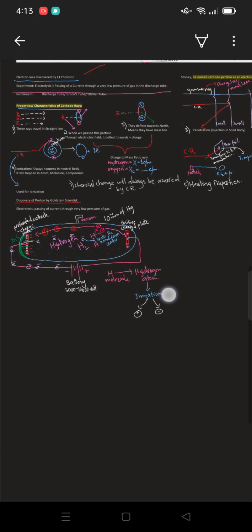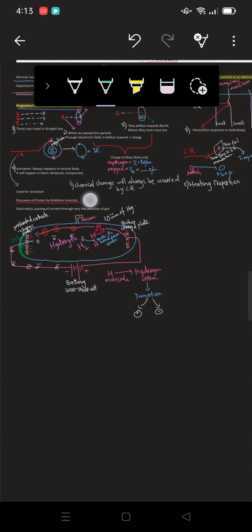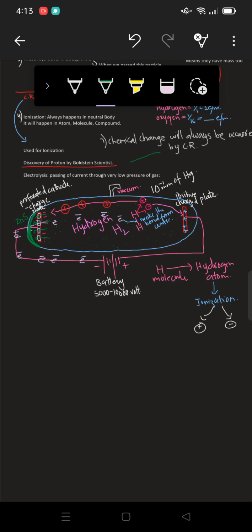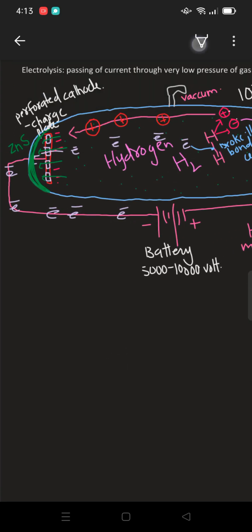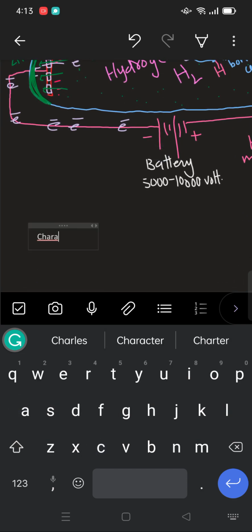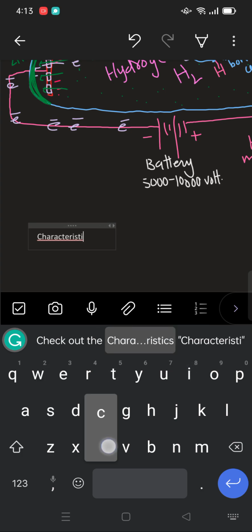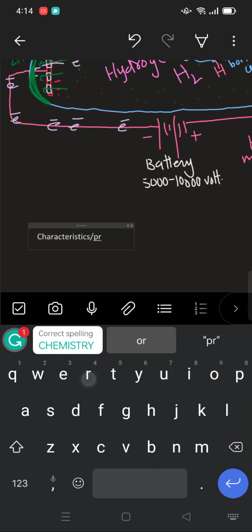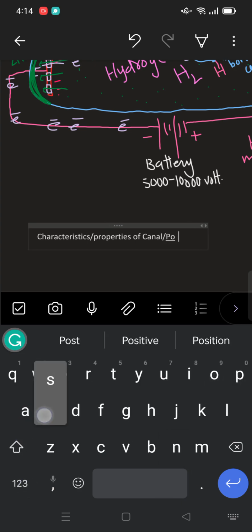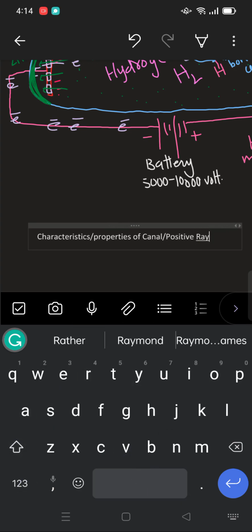Okay, so as in the last video, we have studied the discovery of proton, which was done by Goldstein. In today's video, we are going to discuss the characteristics or properties of canal rays, which were also known as positive rays, right?